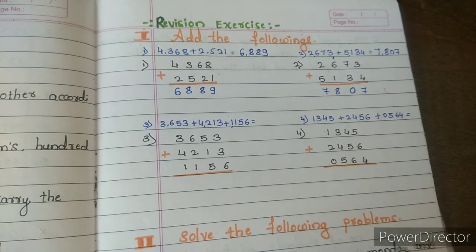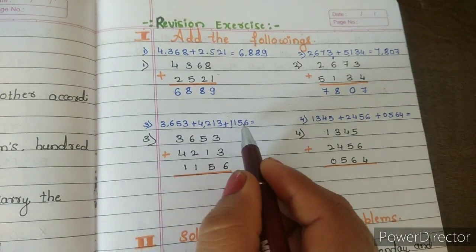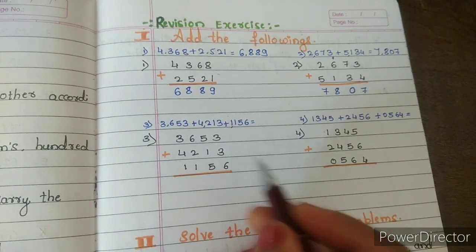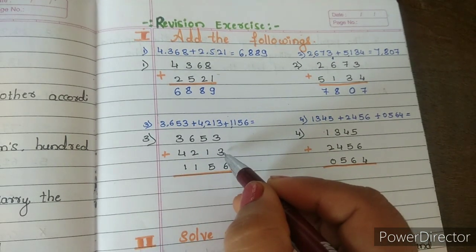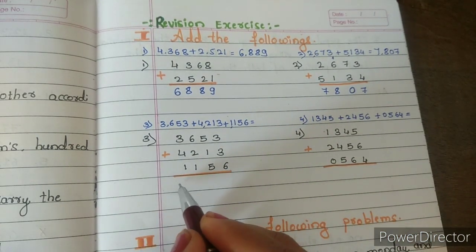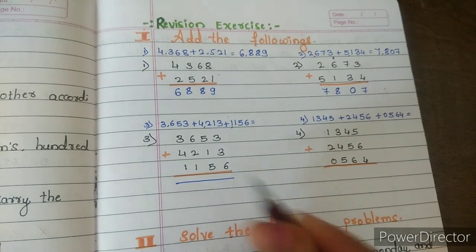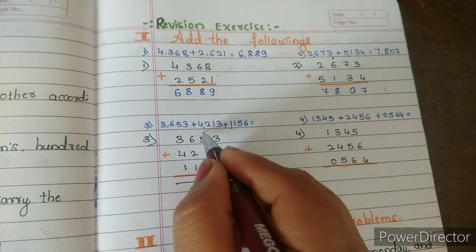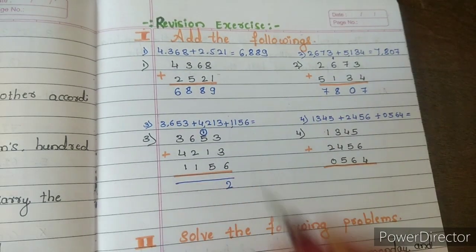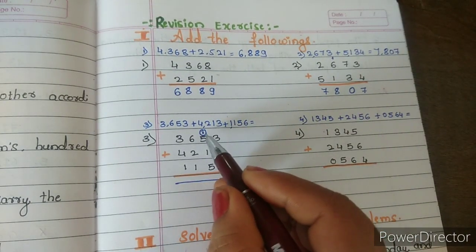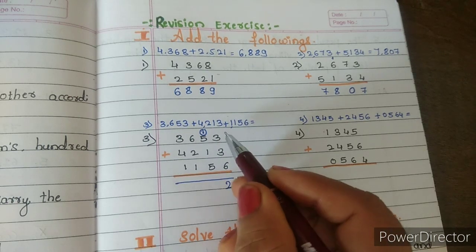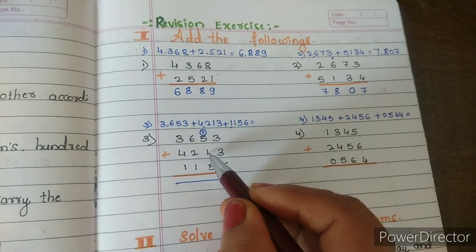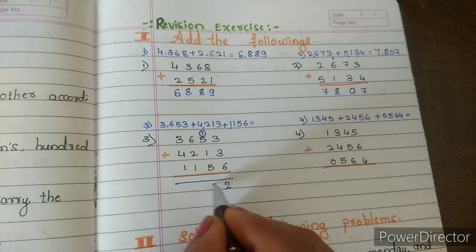Next, third one. There are 3 numbers given, 3 sets of 3 numbers. 3 plus 3 is 6. 6 plus 6 is how much? 12. Okay, carry the 1. 5 plus 1 is 6. 6 plus 1 is 7. 7 plus 5 is 12.